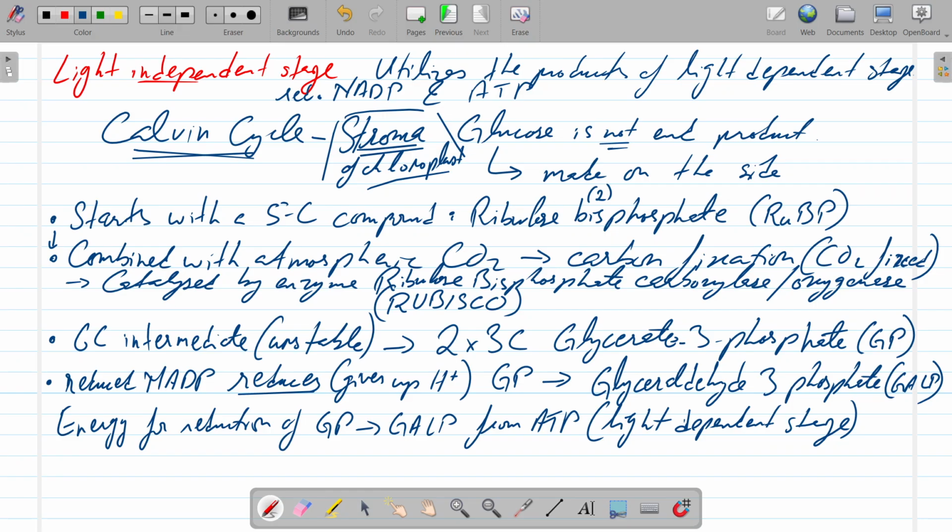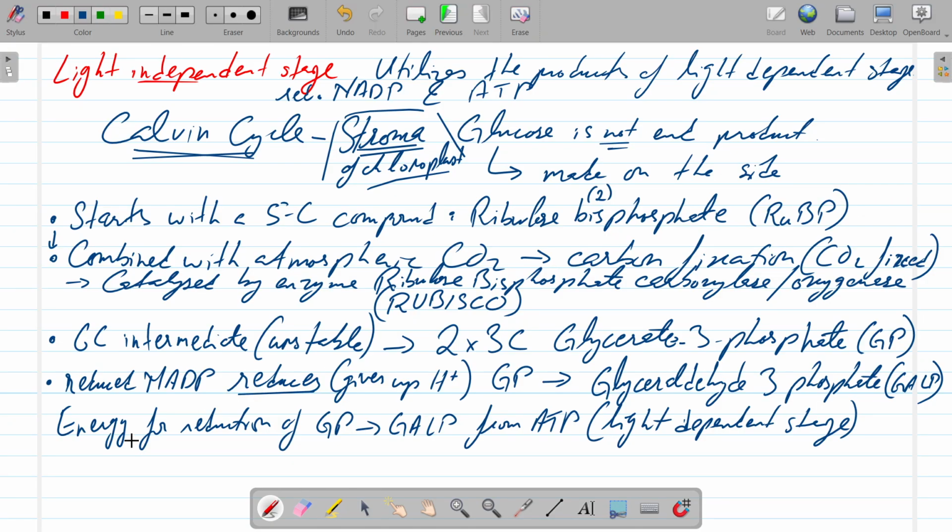Now, as I was saying, the 3-carbon molecule, the GALP, is the main, so to speak, the end product of the Calvin cycle, so to speak, because it is a cycle.